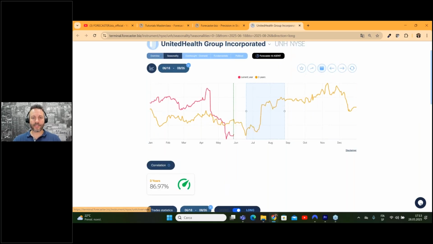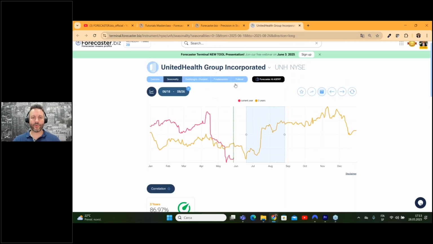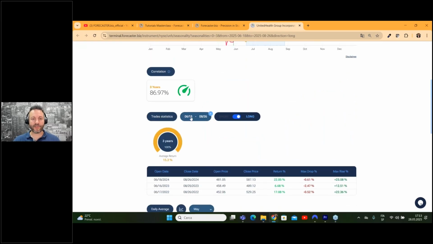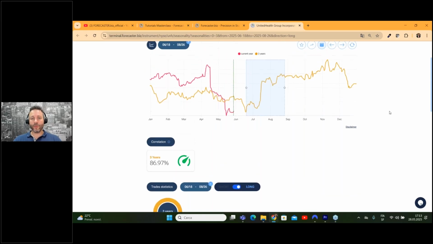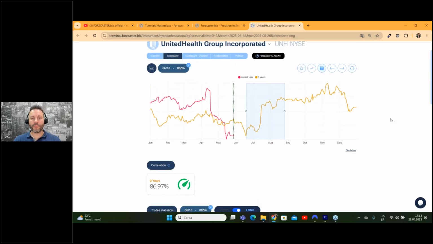In this case, for example, you can decide to wait for a lower low on United Health. You can just wait for a specific date, which is the 18th of June, okay, you can just play the market as you would like to do. I mean, there is no specific rule.